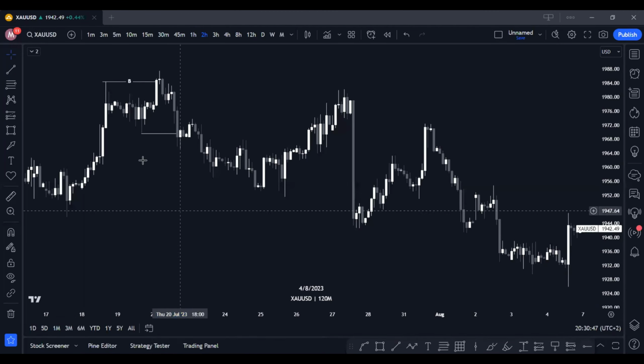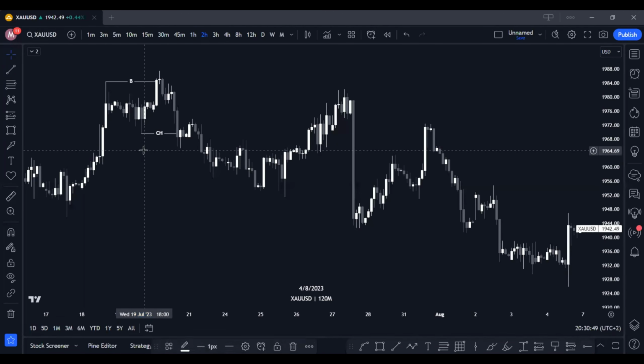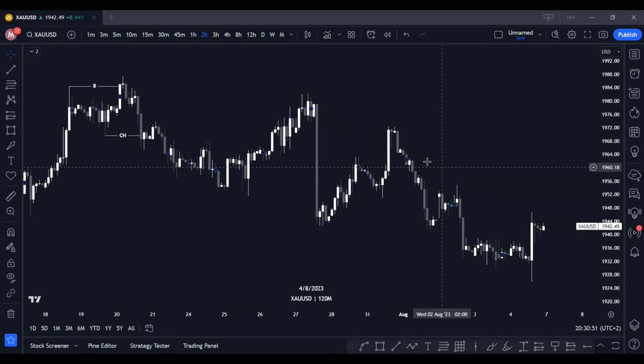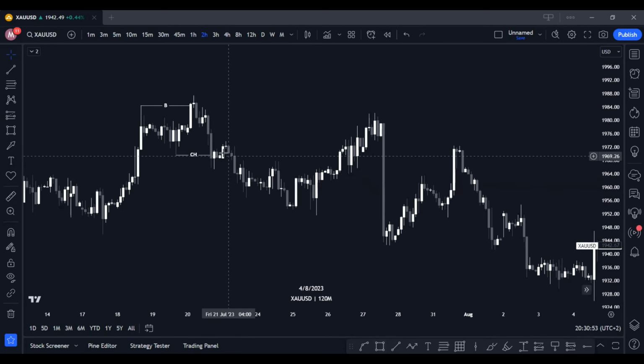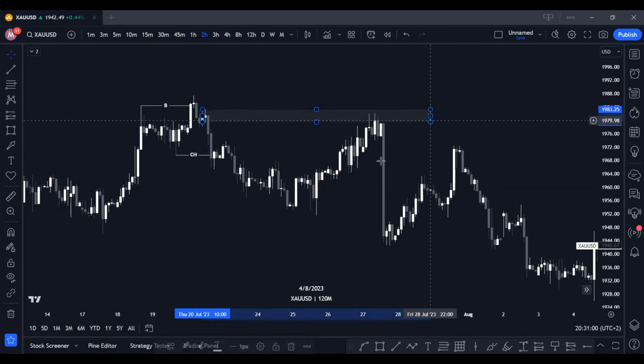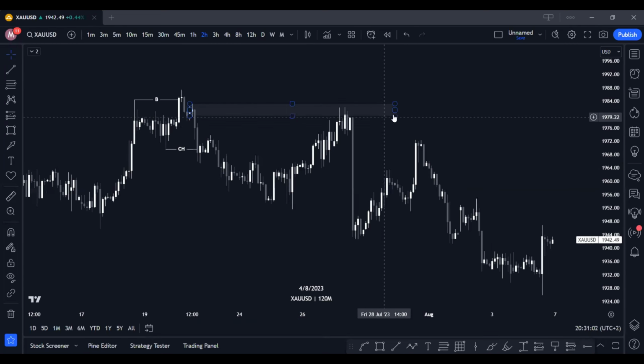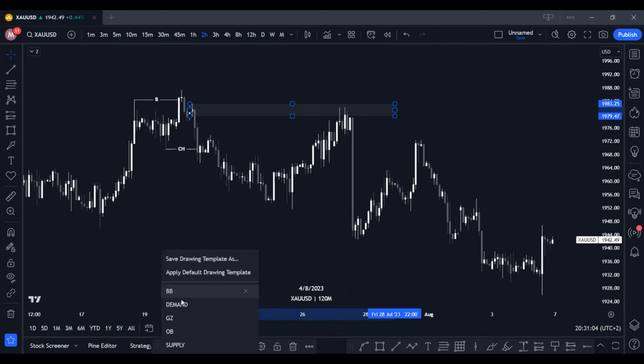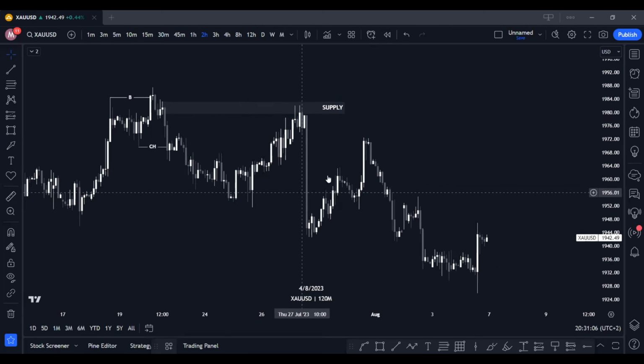Now we can see that price respected our supply area here and pushed to the downside.